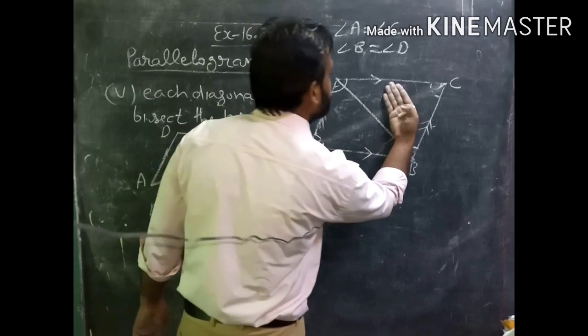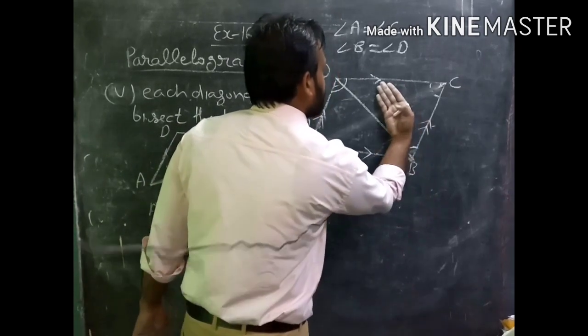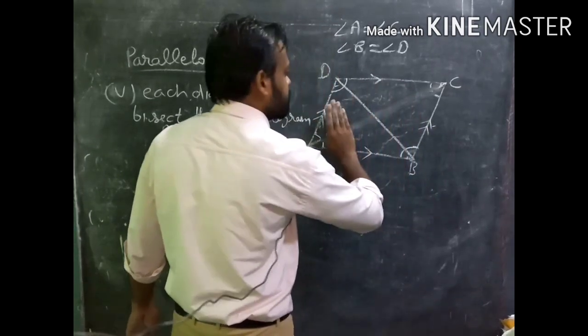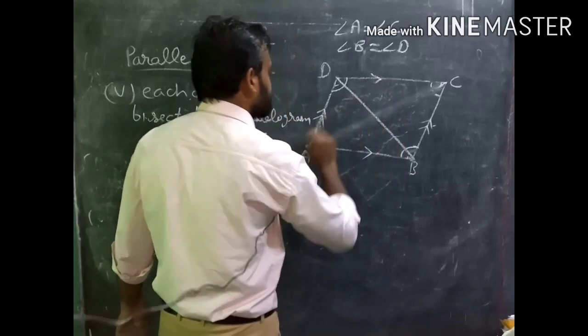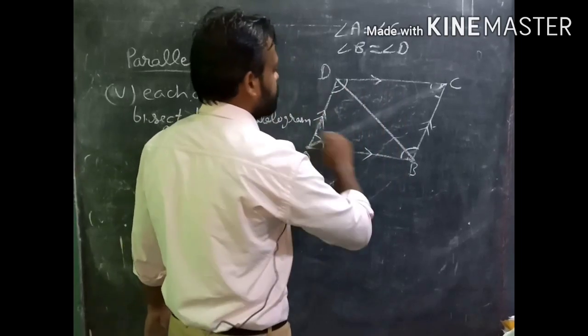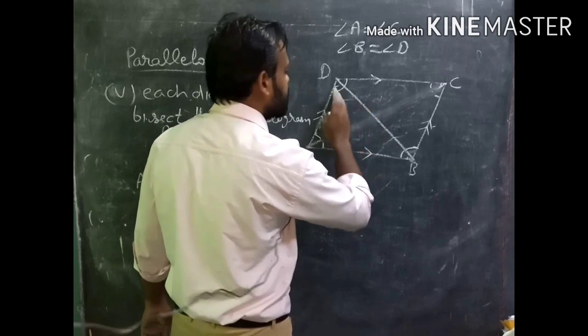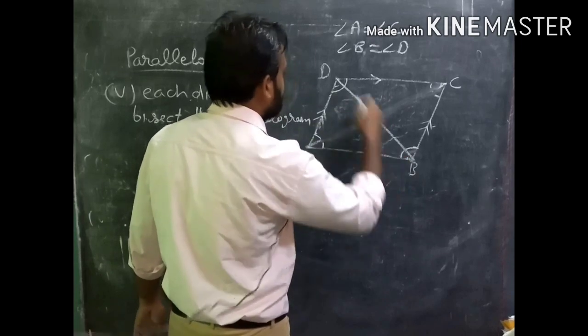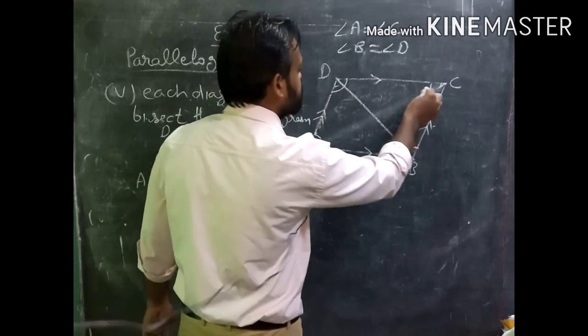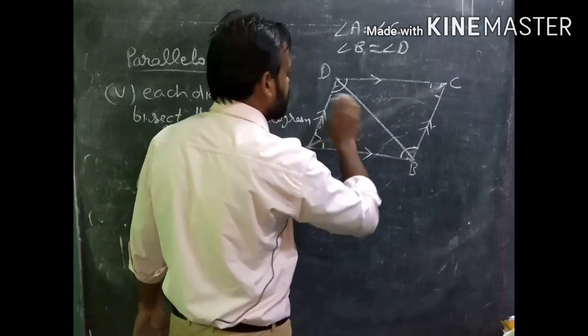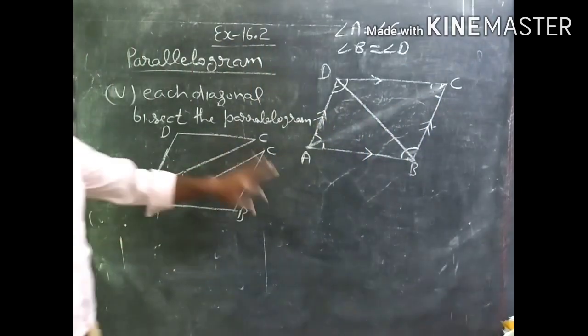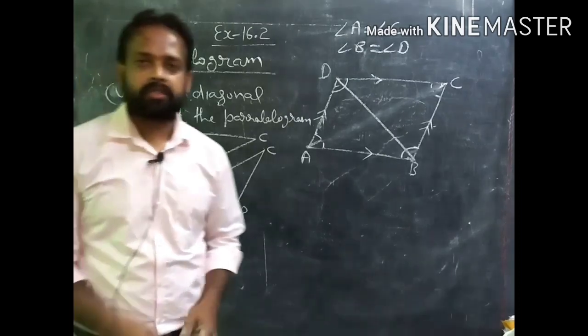You can see if I take this DCB triangle and fold it like this, then it will completely overlap this ADB. So it means the area of this triangle ABD and the area of this triangle BDC is also equal. So it means both diagonals are bisecting the parallelogram. So I hope this is clear to you.